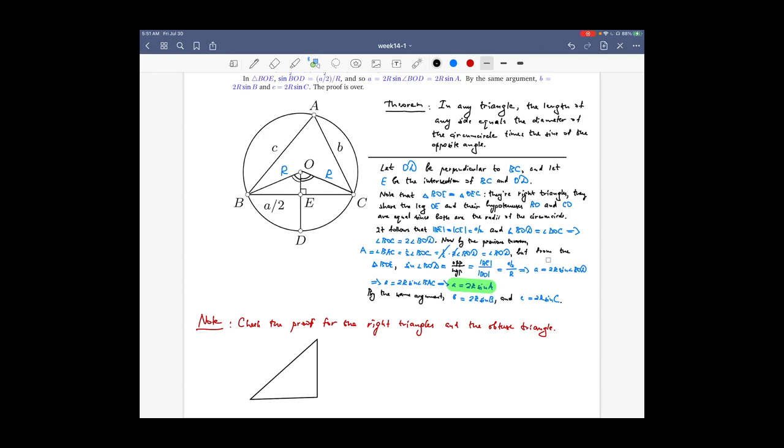It's interesting, by the way, that in this situation, the circle passing through the 3 points, the circumcircle, will have the hypotenuse as a diameter. Think why.